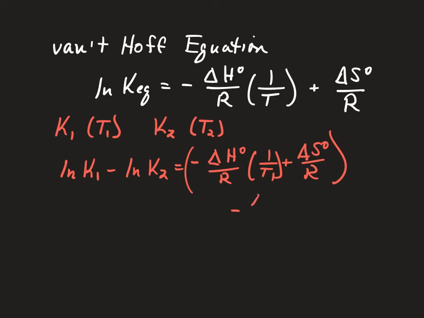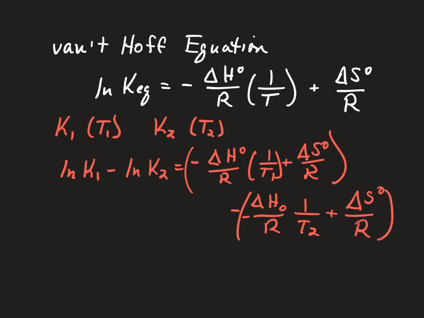minus minus delta H0 over R, 1 over T2 plus delta S0 over R. All I did was take this equation twice, this minus the second condition.